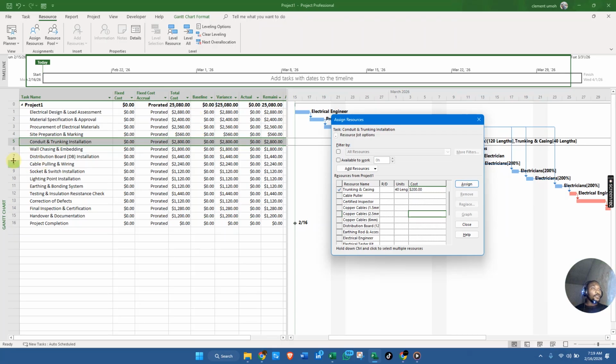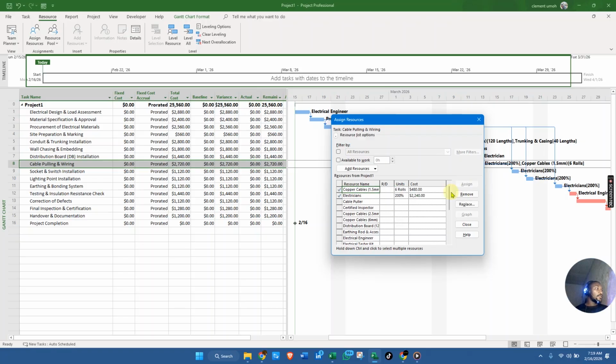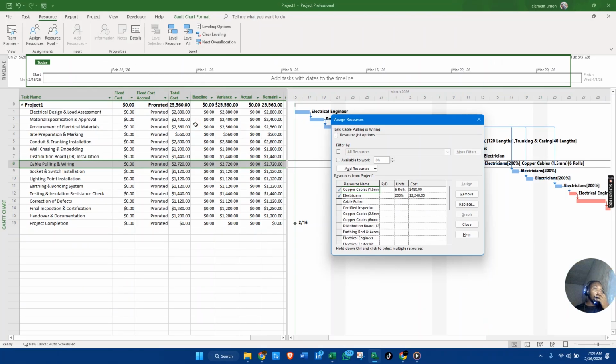So we'll go to our cables, go to 1.5, then the unit is 6, then you assign. That comes to $40. Also the 2.5 mm, we have 5 rows. 2.5 mm are basically used for the sockets.